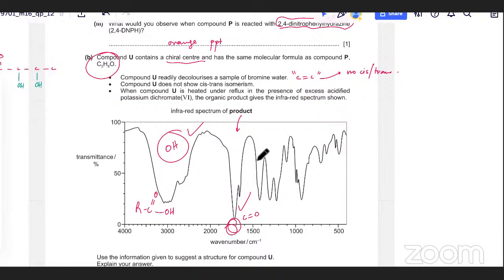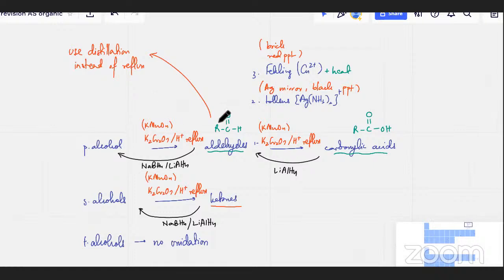There's a C=O bond, which is this one, and there's the OH of the carboxylic acid, which is this one. Is this clear? Yes, sir. So the oxidation product is a carboxylic acid. That means your original molecule might be a primary alcohol or it might be an aldehyde, which goes forward and forms the carboxylic acid.